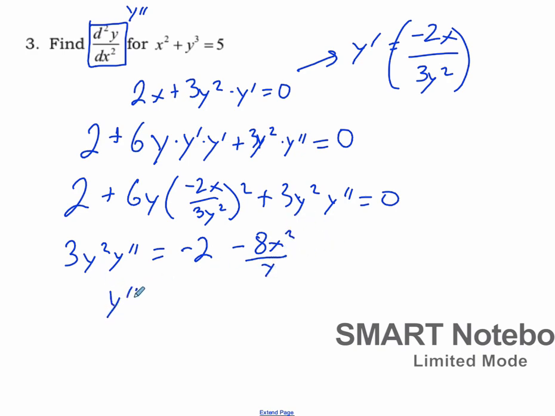And now y double prime equals, I'm going to multiply both sides by 1 over 3y squared. So it's going to be negative 2 over 3y squared minus 8x squared over 3y cubed is the final answer.